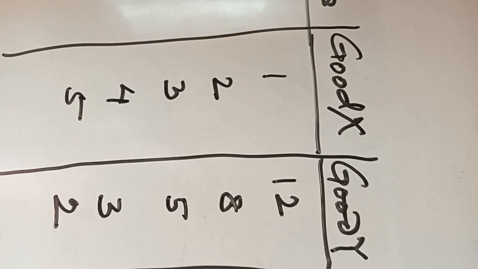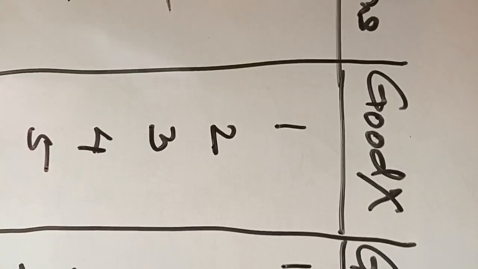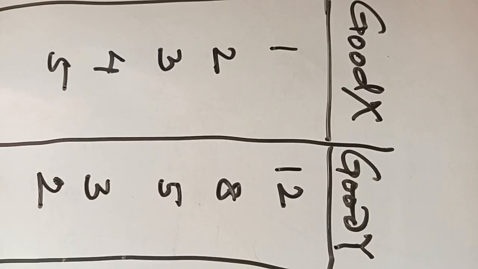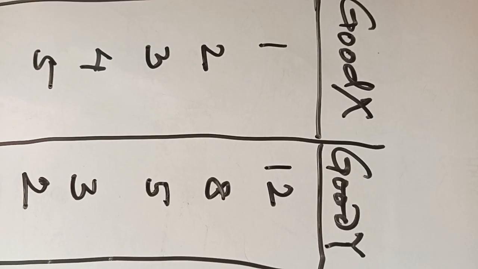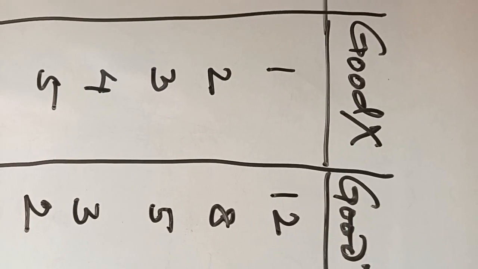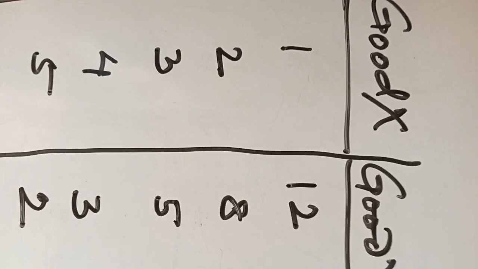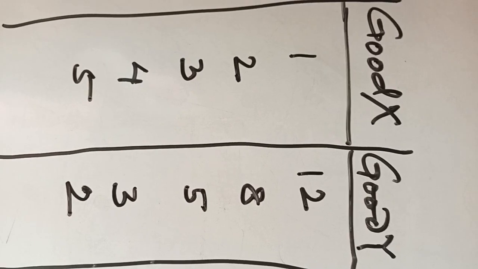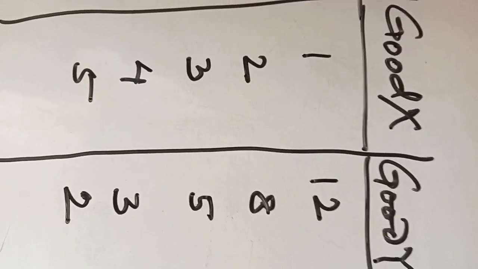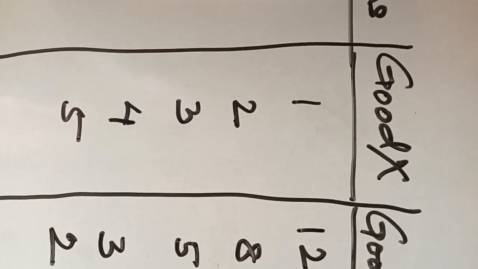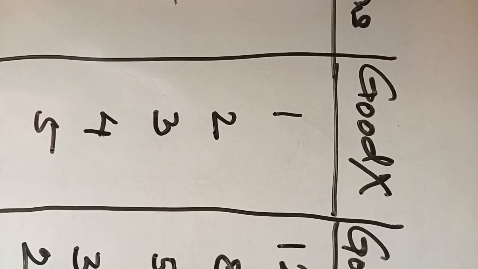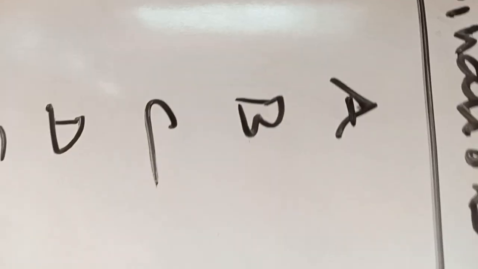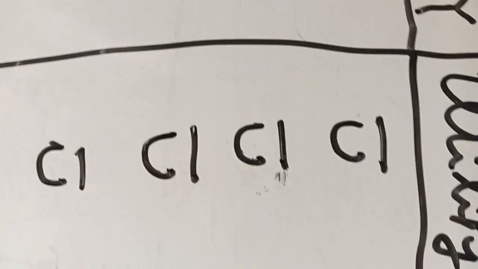Now, if he wants one additional unit of good X, he has to sacrifice an amount of good Y. The number of units of good Y decreases from 12 to 8. So how many units of good Y has he sacrificed? 4 units of good Y he has to give up when purchasing one additional unit of good X. And from this second combination, combination B, he also gets the same utility, that is U bar.